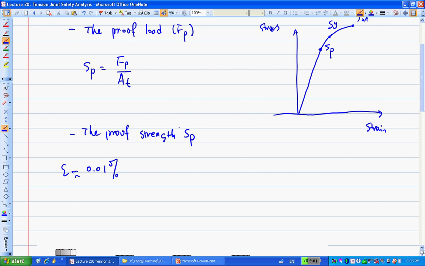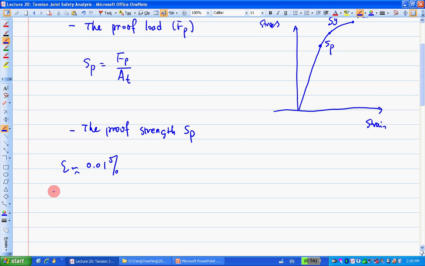Now, where do we find this SP value, the proof strength? You can find it in given tables A-9, A-10, and A-11.